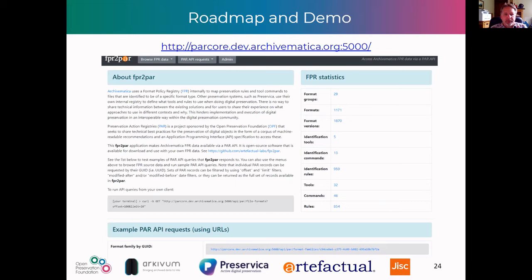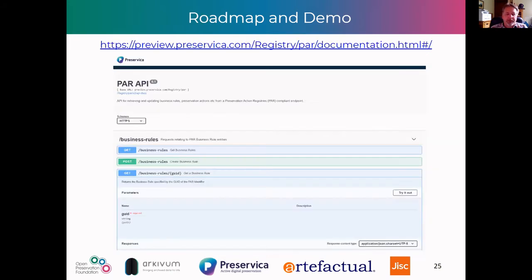Don't worry about copying it down. The slides will be distributed and you'll be able to get the URL, and you can have a look at the PAR endpoint for Archivematica. Now, clearly this is for people who enjoy reading JSON, and Preservica has a similar equivalent.